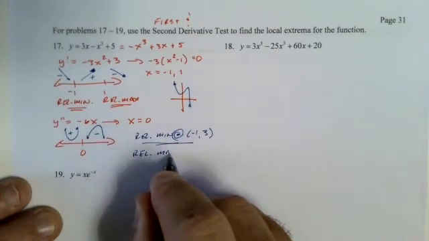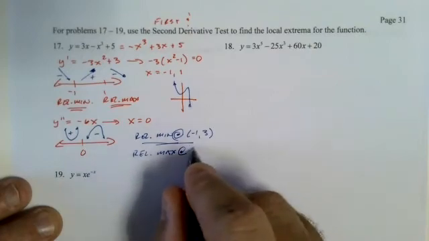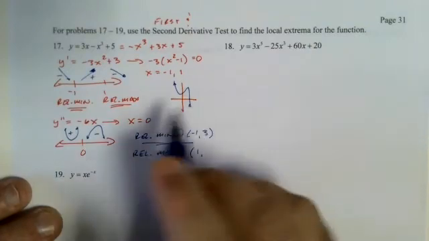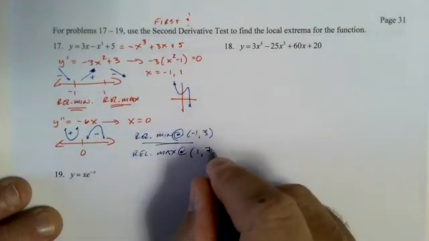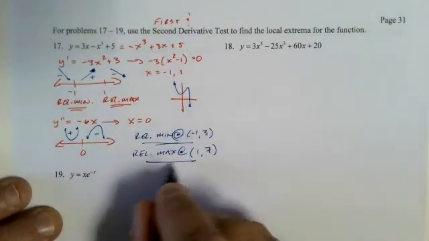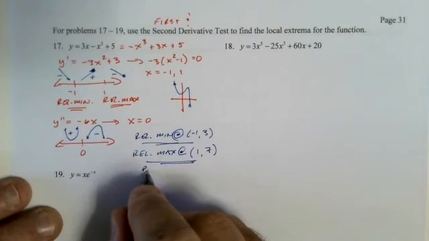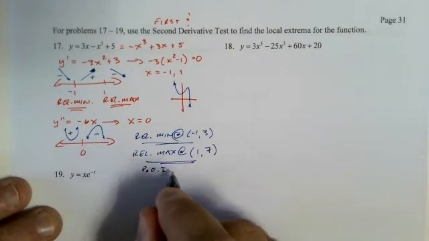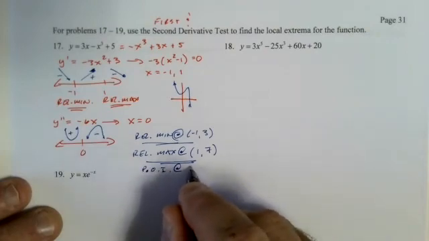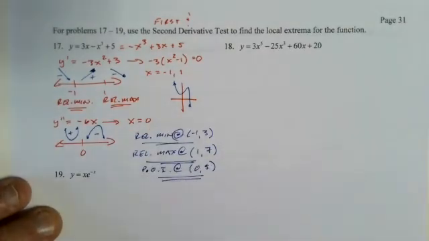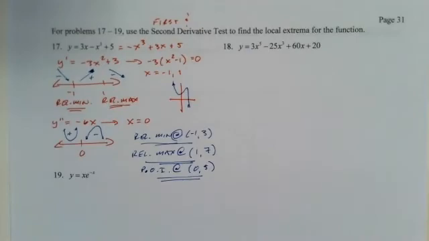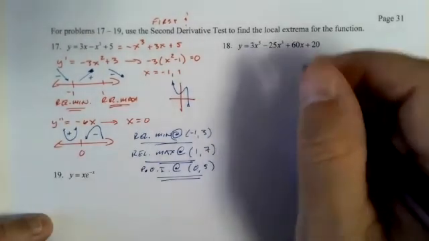Relative max at 1 comma 7, and a POI at 0 comma 5. Yeah, there it is. Getting it done.